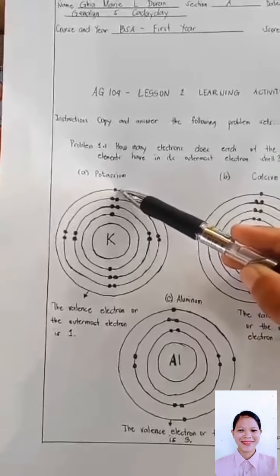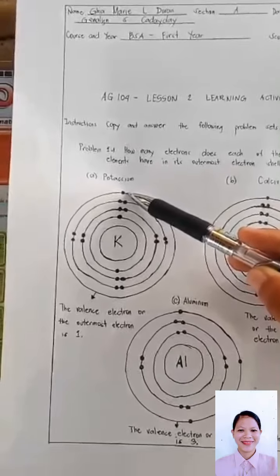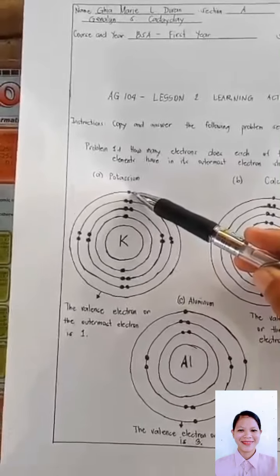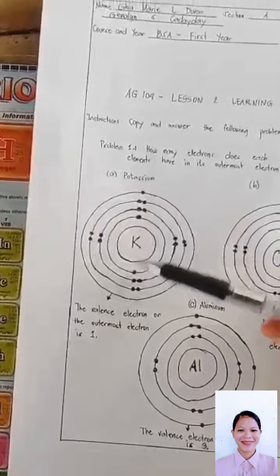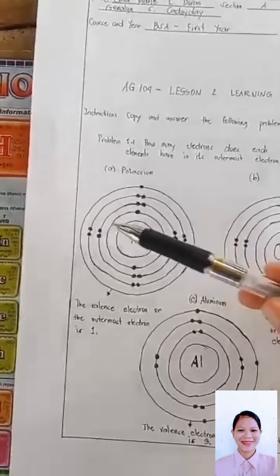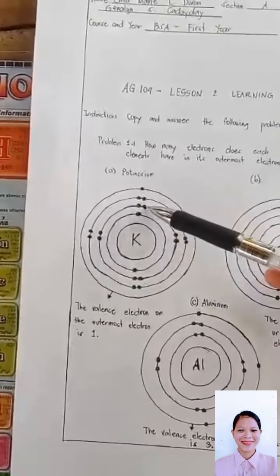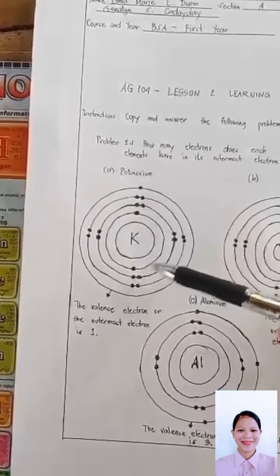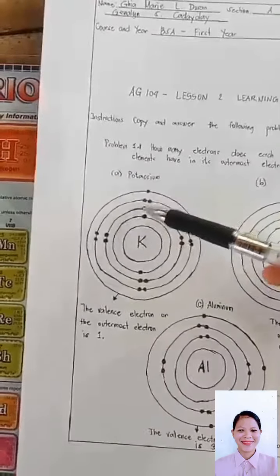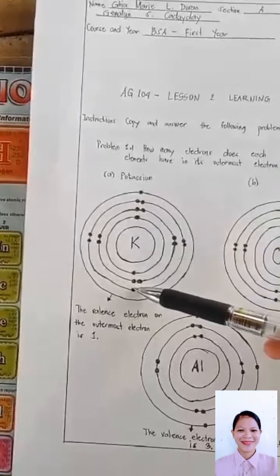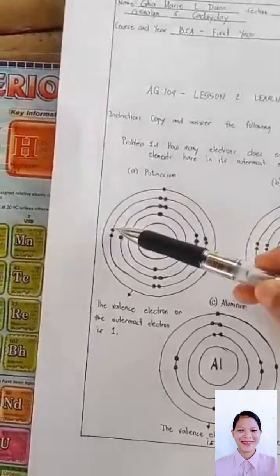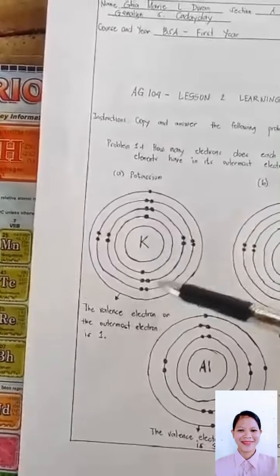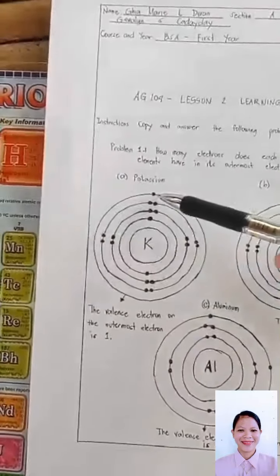So, because potassium has an atomic number of 19, here: 1, 2, 3, 4, 5, 6, 7, 8, 9, 10, 11, 12, 13, 14, 15, 16, 17, 18, and 19.